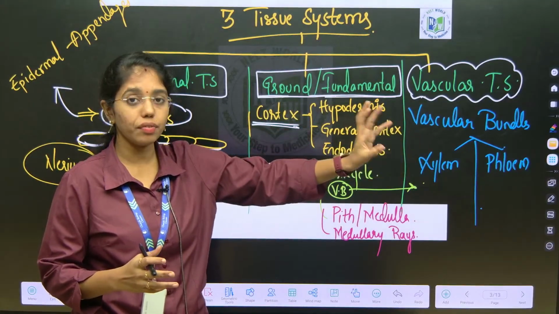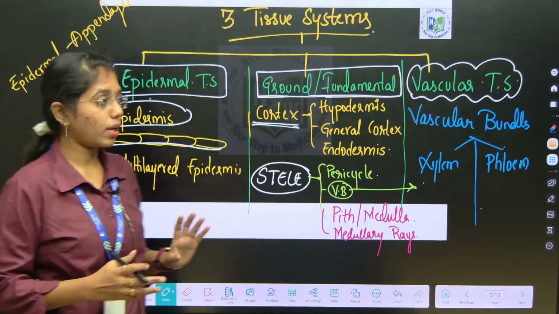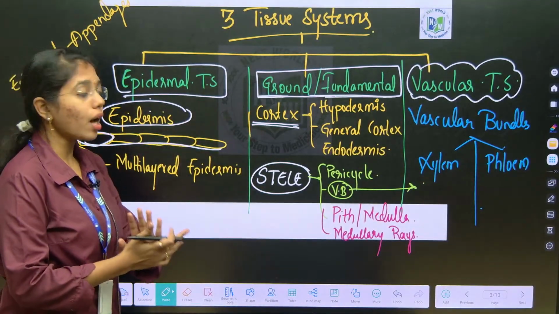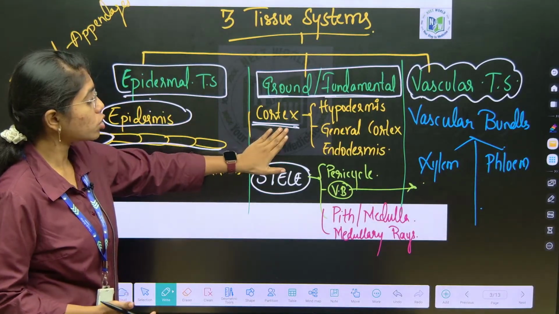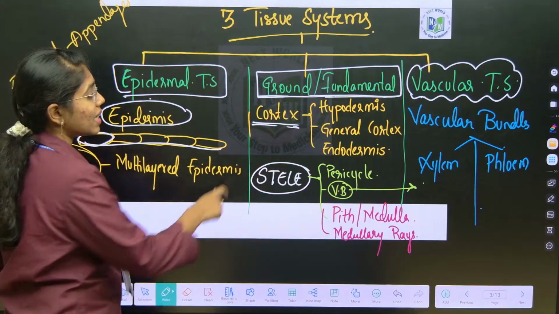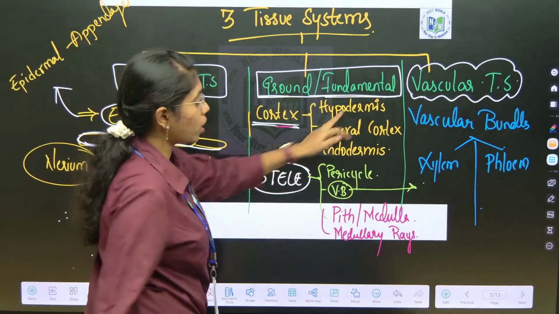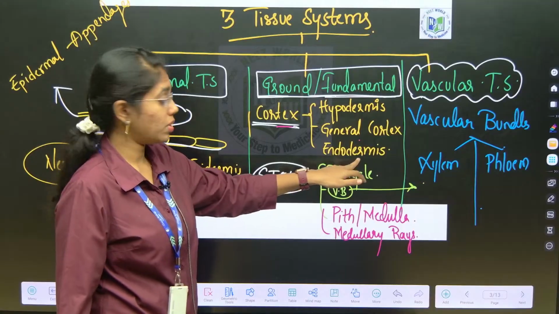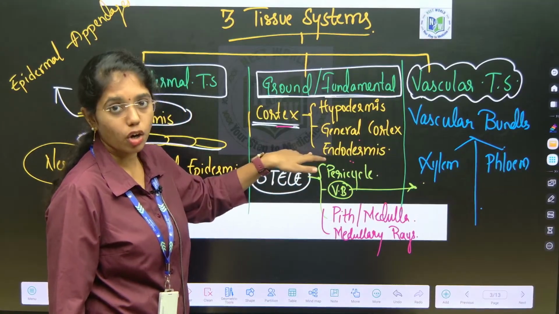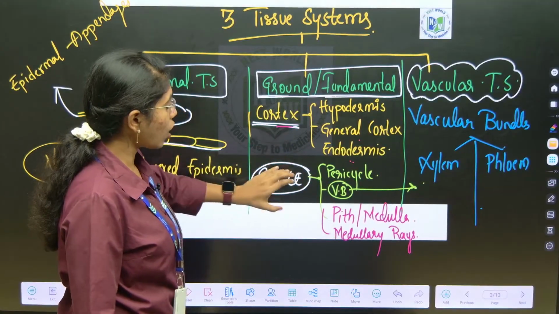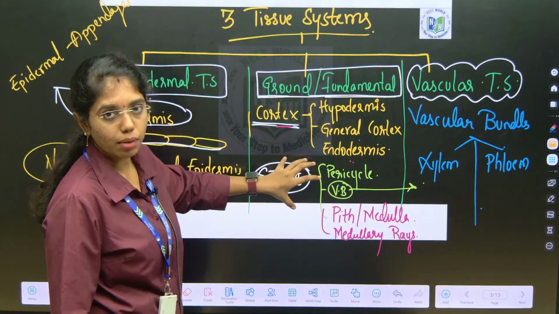In our next slide we will learn the types of vascular bundles. The ground or fundamental tissue system includes the cortex layers: hypodermis, general cortex and endodermis. Endodermis is the last layer of the cortex, and after the cortex region the stellar region comes into picture.